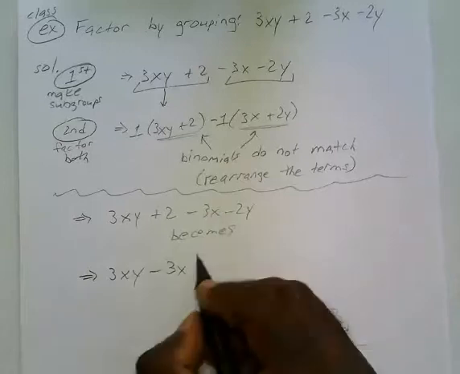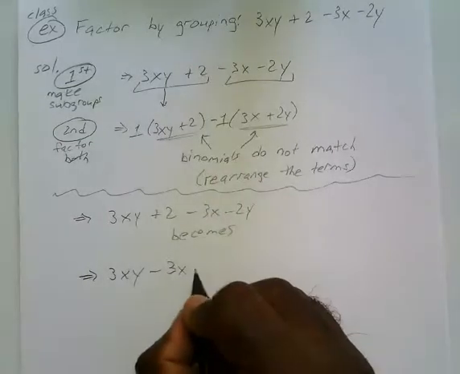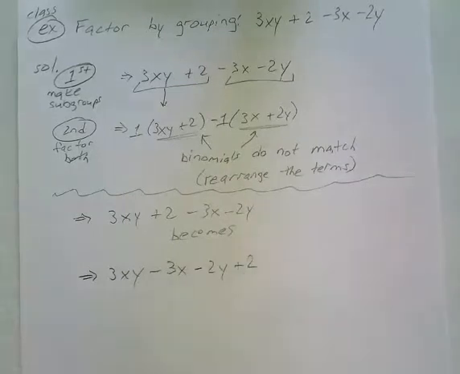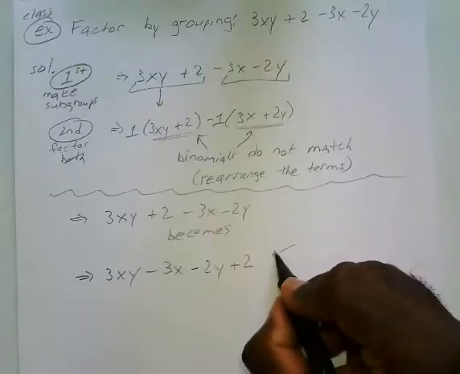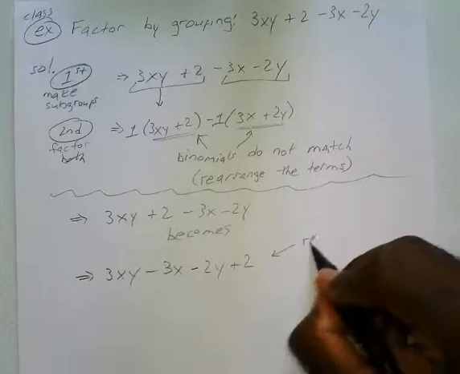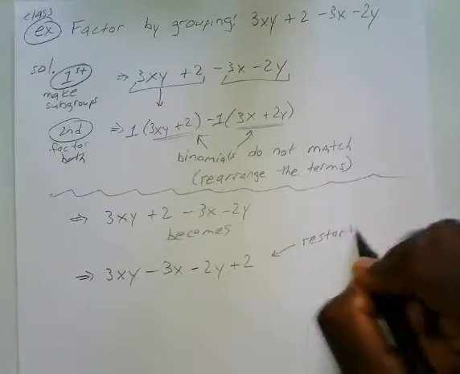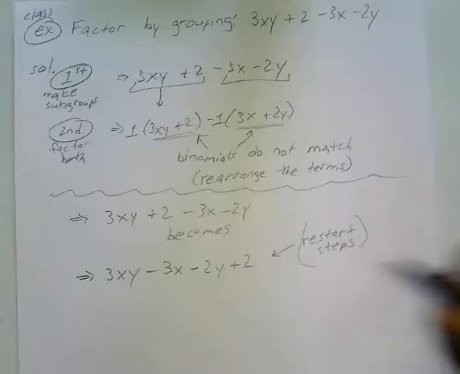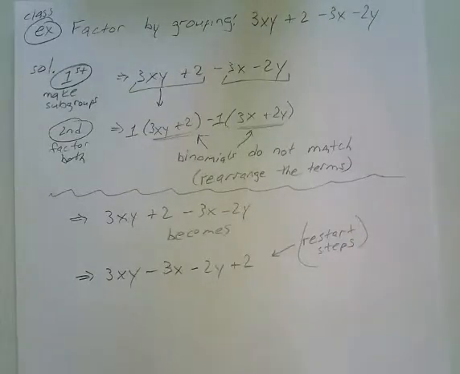Okay, so you can make it plus 2 minus 2y, or just make it minus 2y plus 2. Okay, now once you rearrange it, that means you have to start your steps all over again, because it didn't work the first time. So you're restarting your steps because you've rearranged it and you're going to try again.